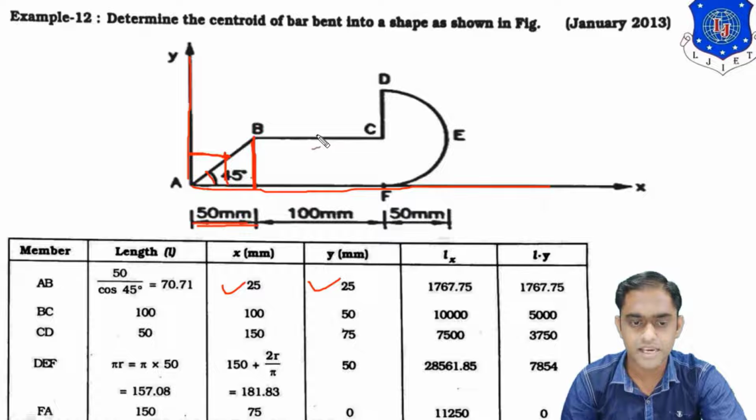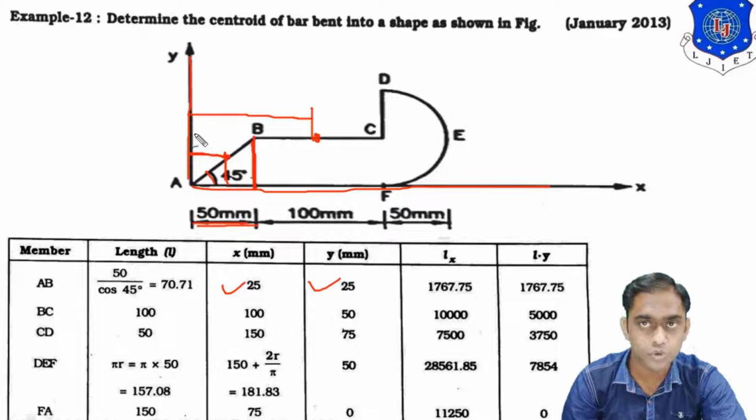Now let us check what happens for part BC. For part BC, the CG is again at the midpoint. From the y-axis, this distance will be x2, the x coordinate. So it will be 50 plus this 50, so the answer will be 100. For the same CG, the y coordinate is directly this height, which is equal to 50. Let us check part CD.